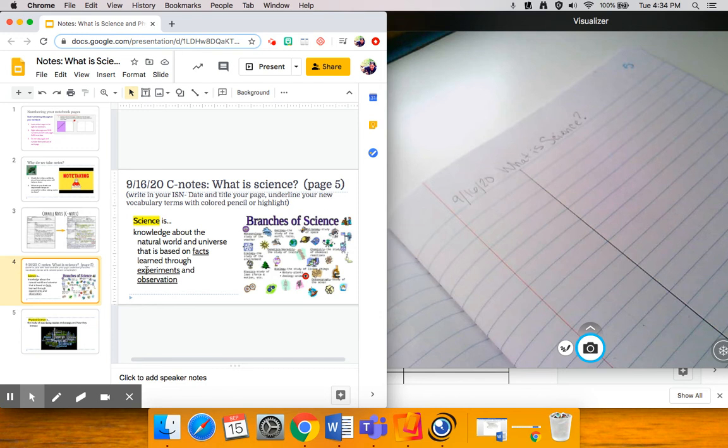So it looks like we're starting out with our notes today with a definition for science. So we've thought a little bit about this. Science really explains everything that's going around us, right? It explains our world, our universe. It helps answer those questions. Why is the sky blue? Why does a basketball bounce? All of those things. Why does a ship float?